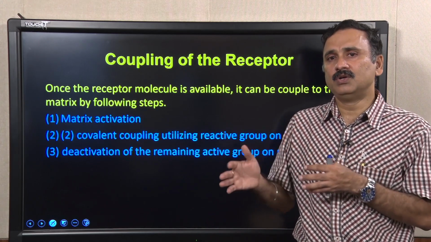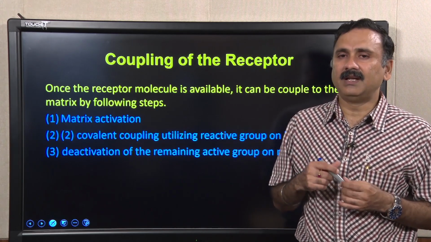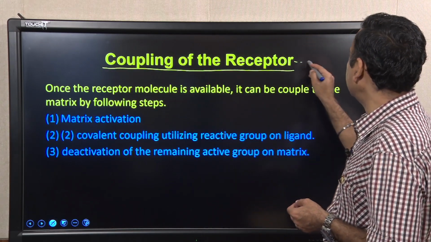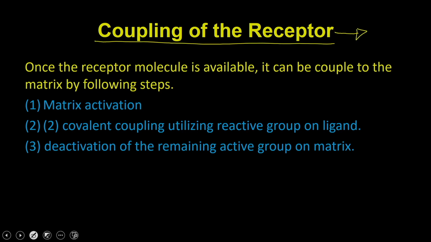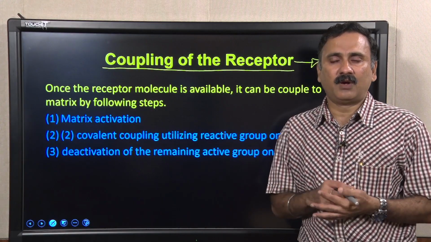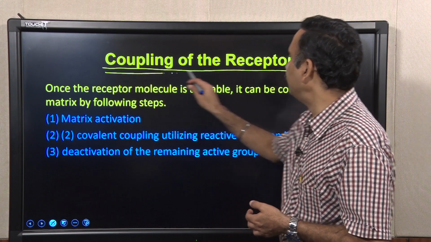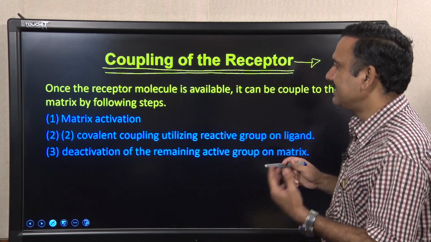Then let us move on to the next aspect, that is the coupling of the receptor. Once you produce the receptor either by recombinant DNA technology, or isolate the antigen or receptor from the crude mixture using conventional chromatography, or you have produced the antibodies from the animals, you have to perform the coupling of these receptors to the matrix.